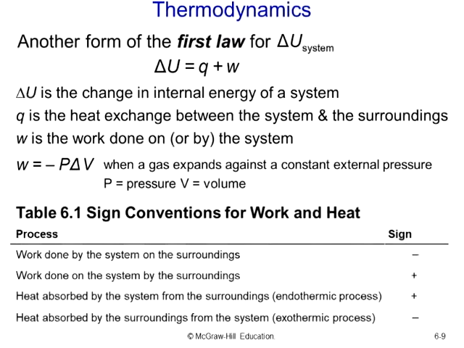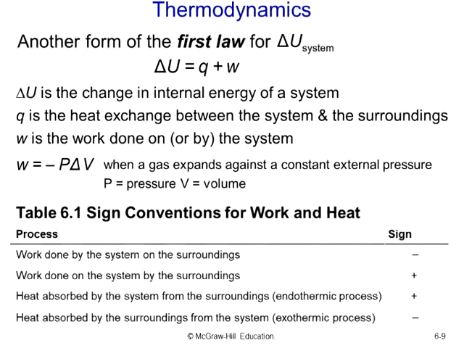So this is where we get the formula delta U equals Q plus W, where delta U is the change in the energy of the internal system. Q is the heat exchange between the system and the surroundings. And W is the work done on or by the system.